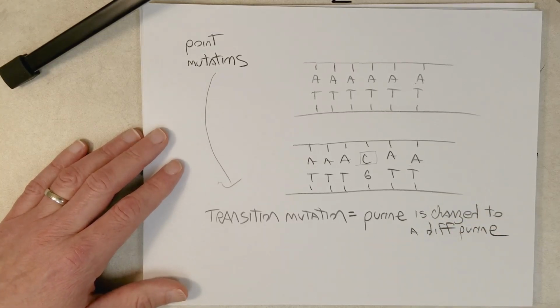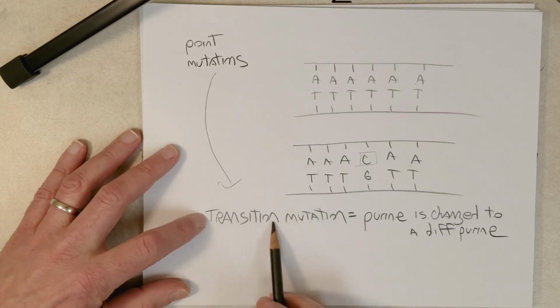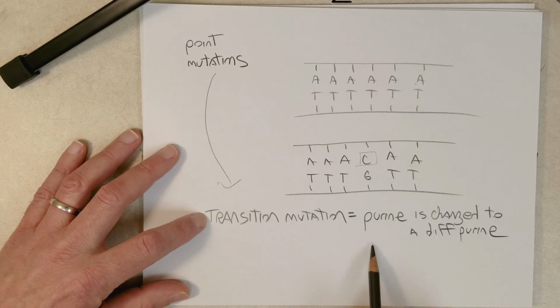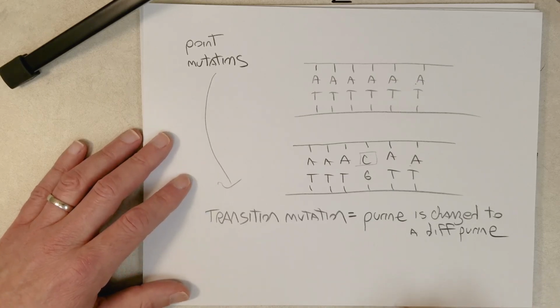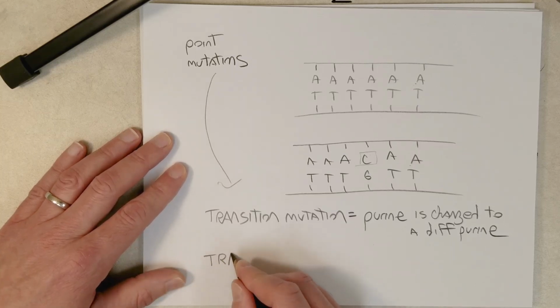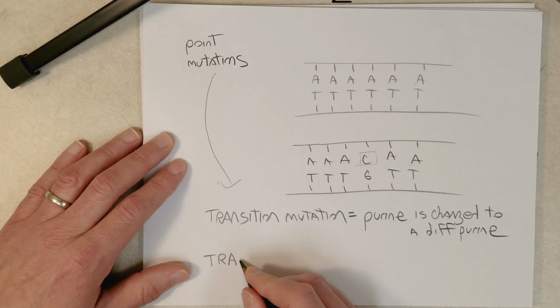So a G is changed to an A, or an A is changed to a G. Similarly, a transition mutation is also when a pyrimidine is changed to a different pyrimidine. So those are both types of transition mutations.